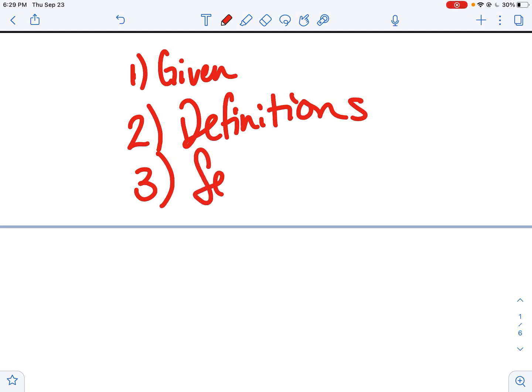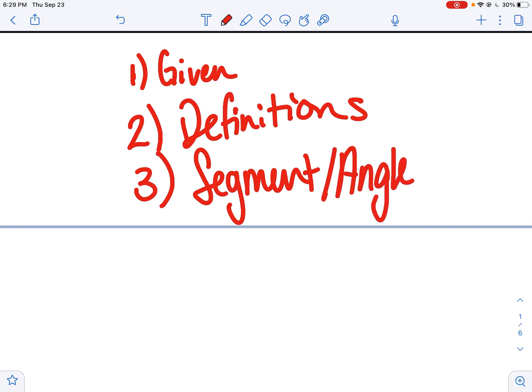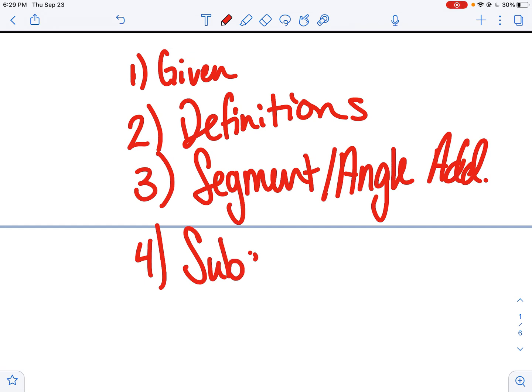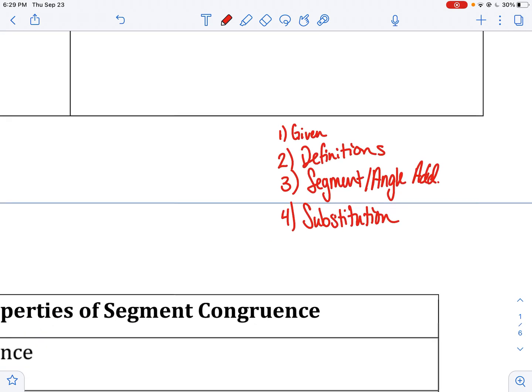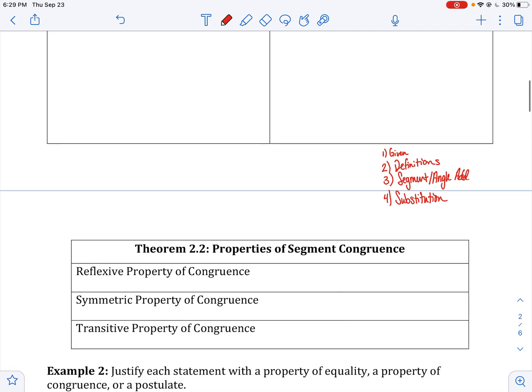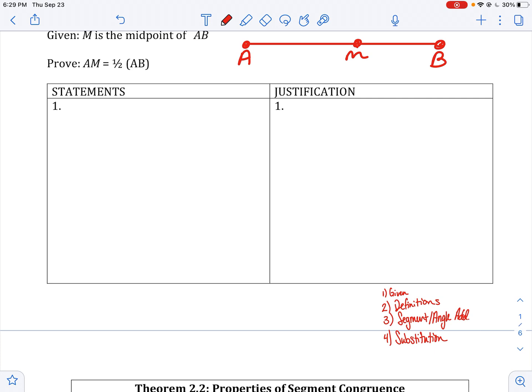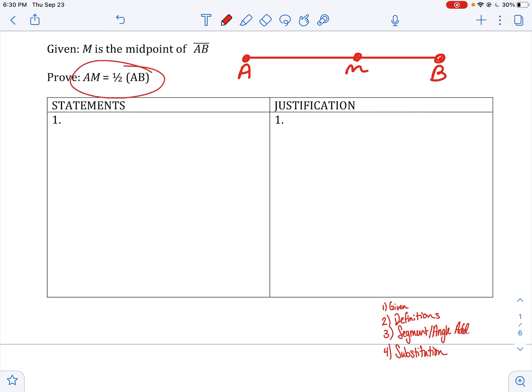Thirdly, you want to do segment or angle addition postulates. And lastly, you want to substitute anything possible that you can to get closer to what you really want to prove.